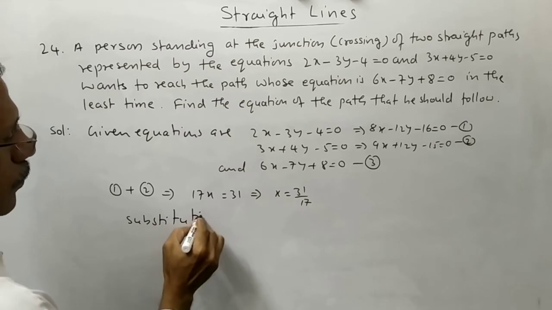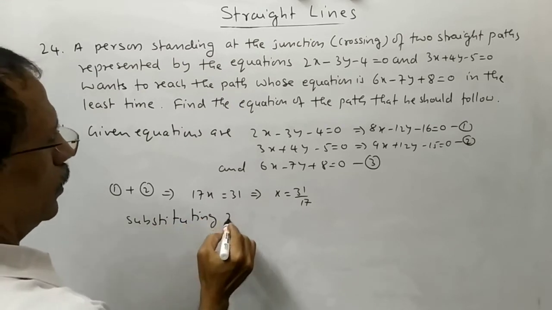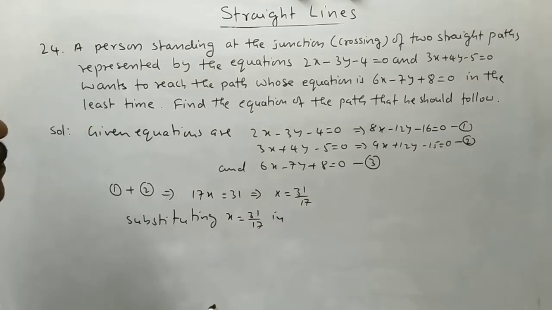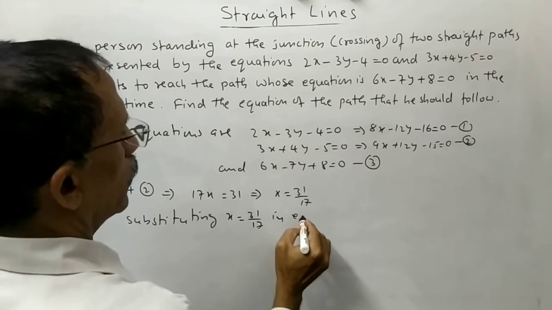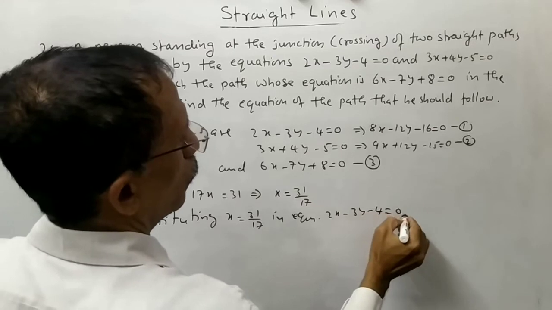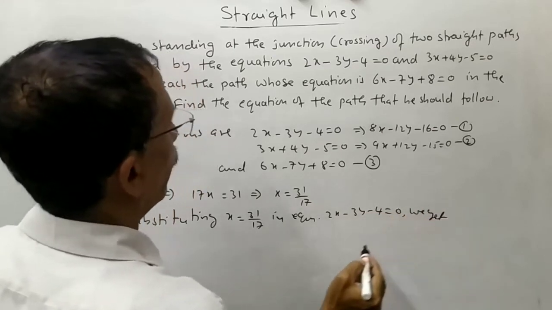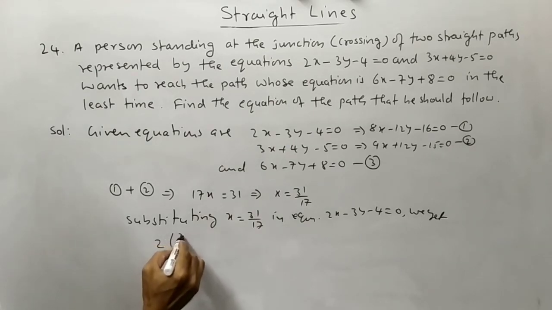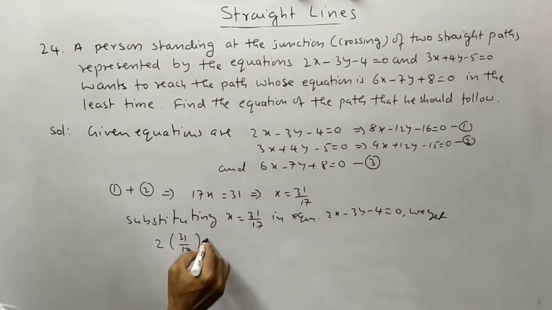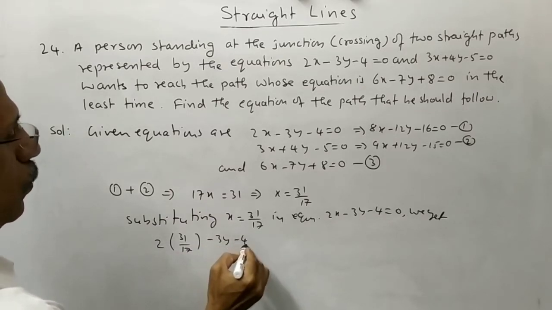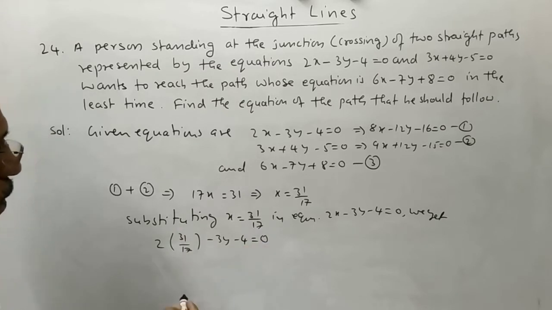Substituting x is equal to 31 divided by 17 in equation 2x minus 3y minus 4 is equal to 0, we get 2 into 31 divided by 17 minus 3y minus 4 is equal to 0.